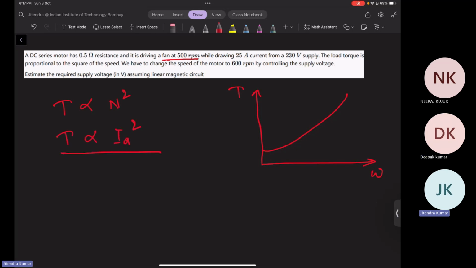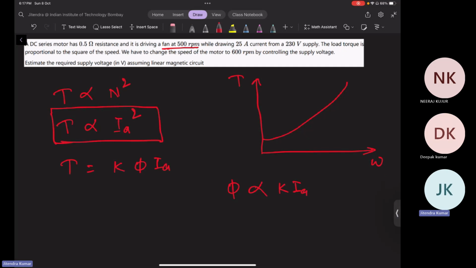Why am I saying torque is proportional to Ia square? Because in the last problem we saw that torque is equal to K phi into Ia, and phi is again proportional to Ia for the linear region, right? In saturation, it will be K times Ia. Once your machine is saturated, you cannot vary flux above the rated flux.